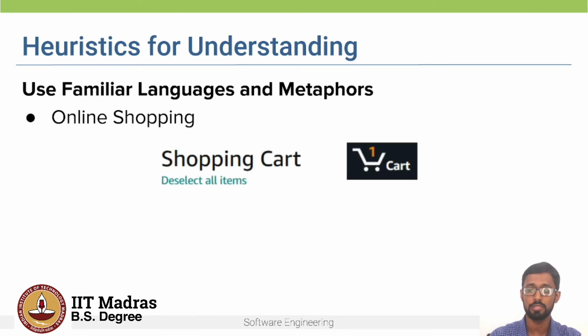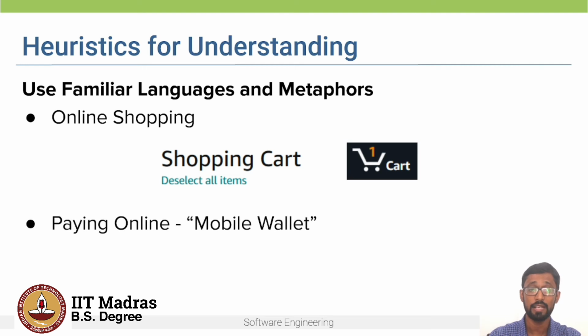Platforms use terms which are used in physical stores. Example, checkout, shopping cart. And these are terms which are familiar to users. Another example is when you pay online, you use a mobile wallet. And this is similar to actions which we do with a physical wallet, like adding, removing money, etc.